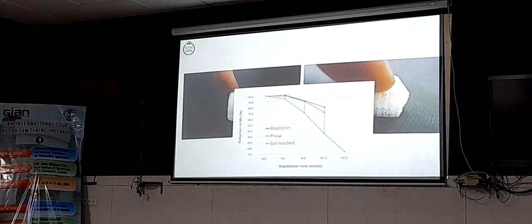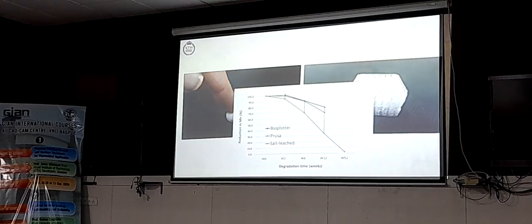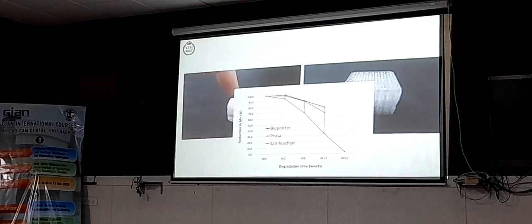We produced these and then we degraded them to see how the degradation time is influenced by the processing technique. We have the reduction in molar mass on the y-axis and the degradation time on the x-axis, from week 0 to week 52.